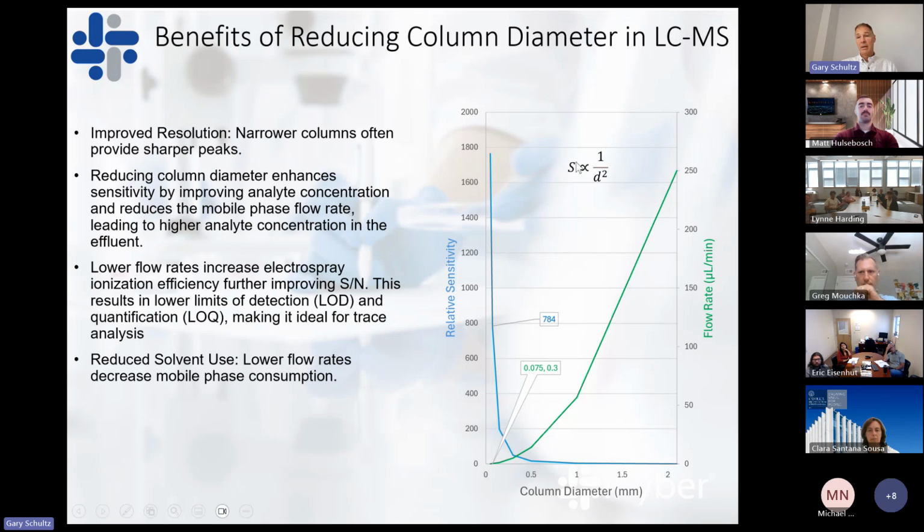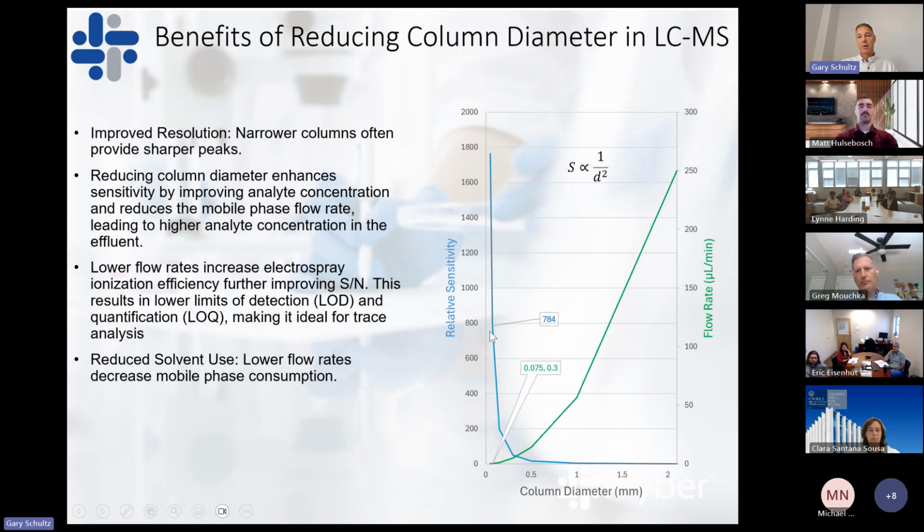Sensitivity increases proportional to the inverse of the diameter squared for the column. So if we had an assay running on a 2.1 millimeter column and we needed to improve the sensitivity by a factor of 200, we could go to about a 100 micron ID column.